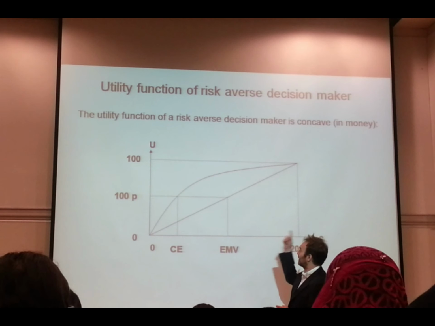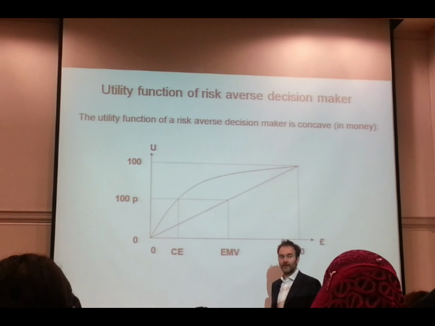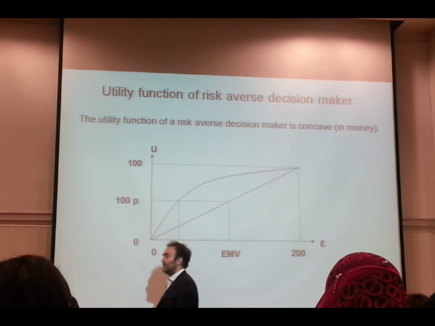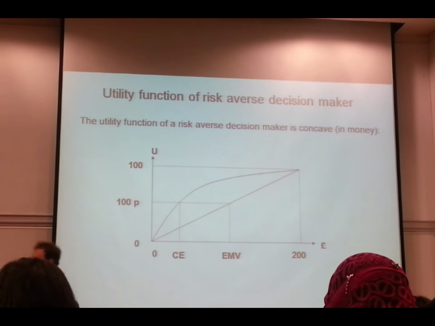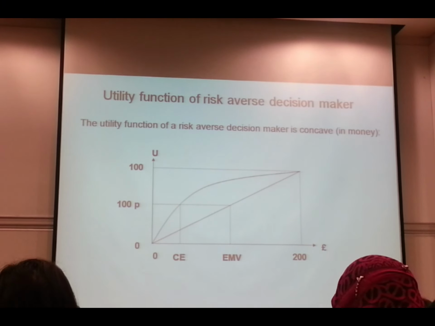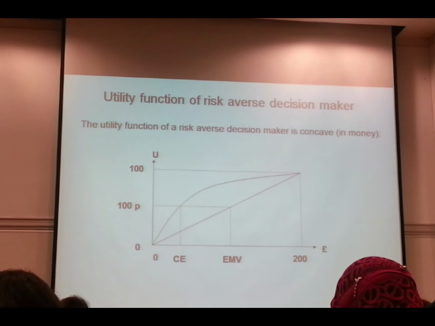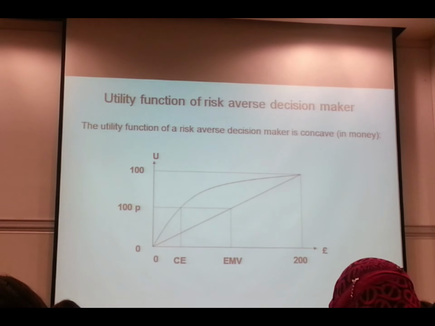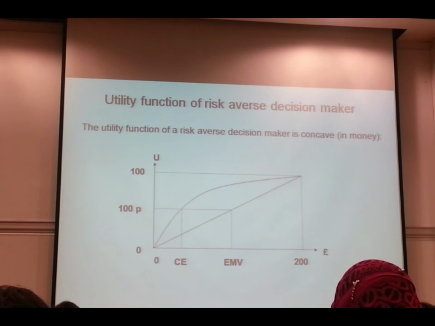First, we have this diagonal line. What is this diagonal line? The diagonal line is the line that gives us the expected utility of the lottery ticket, which is 0 and 200.